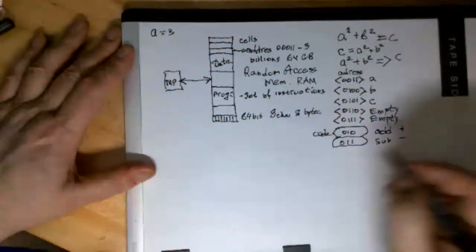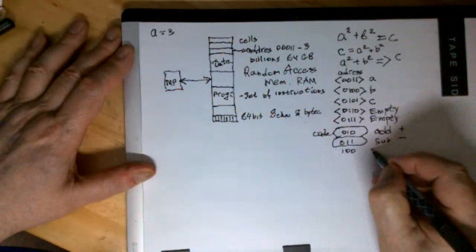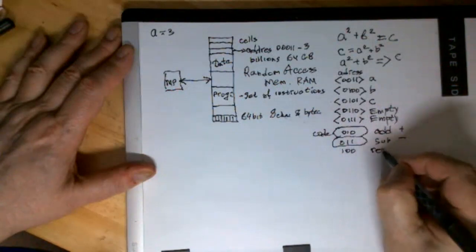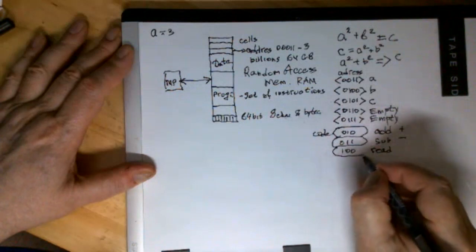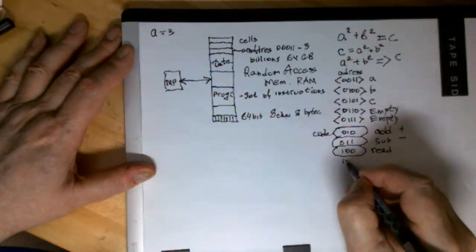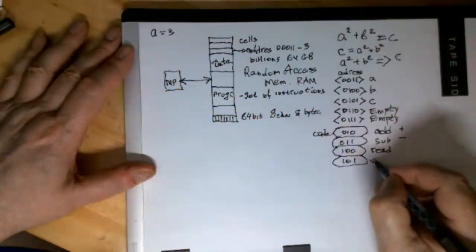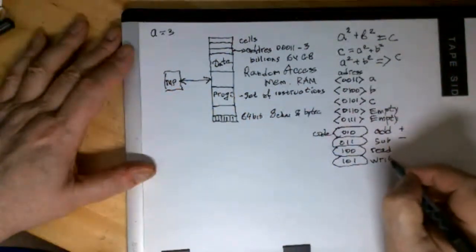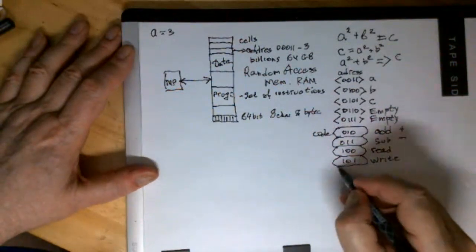Then 100 will be read. 101 will be write, to memory. Okay?